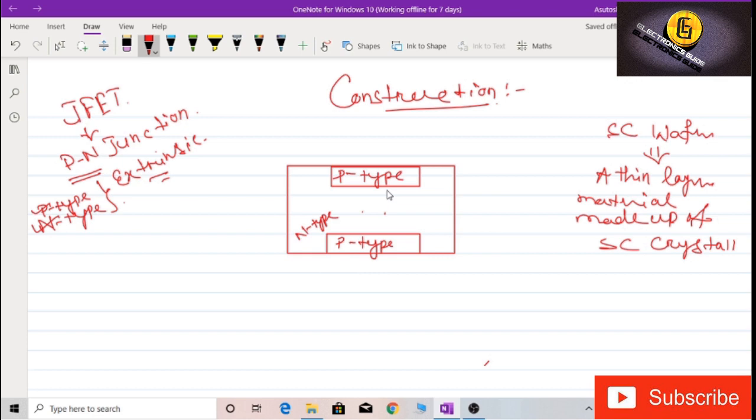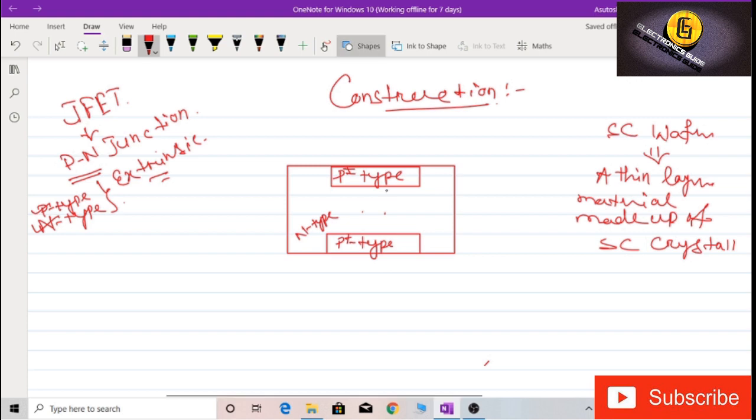This P-type material has a higher concentration level than N-type material, so this P-type region can also be written as P plus. P plus means higher concentration as compared to N-type material. Both the P-type regions are known as gate region.